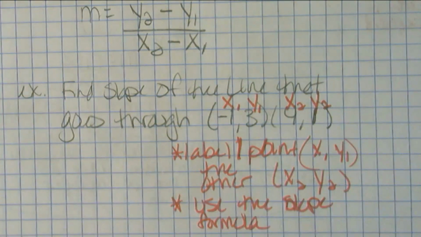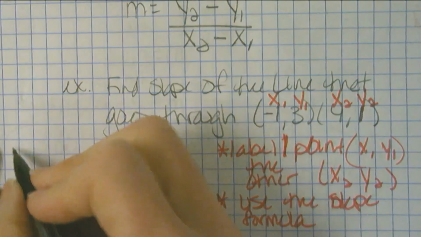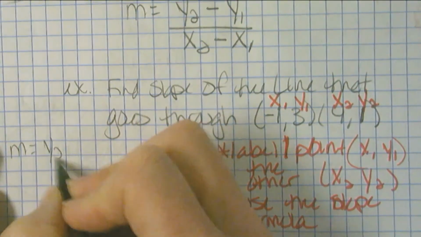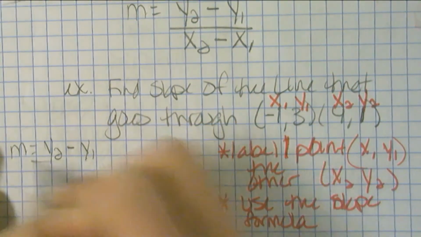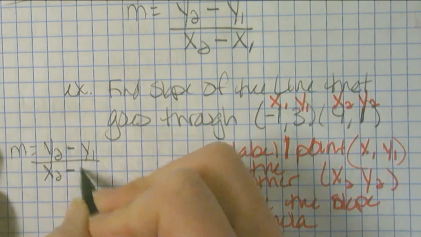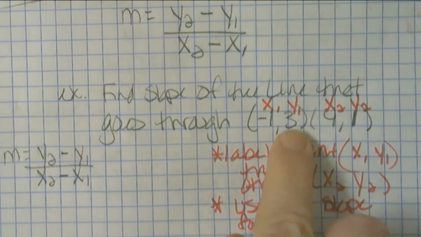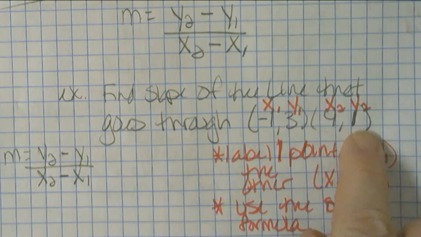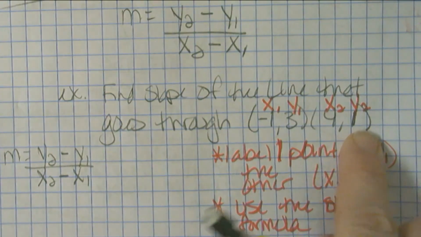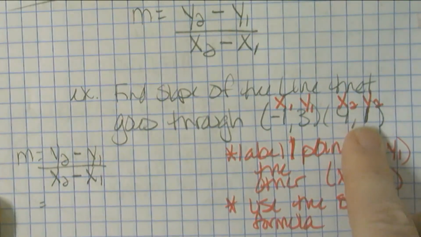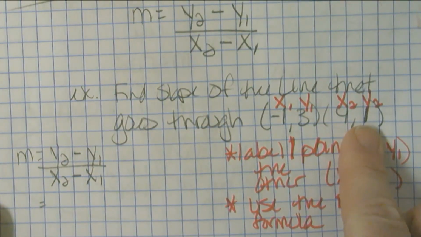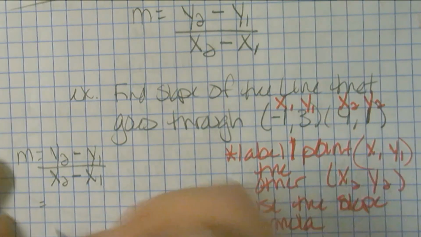All right, so let's just do that next to it. My slope equals y2 minus y1 over x2 minus x1. So I've labeled my 2 points x1, y1 and x2, y2. That helps guide me and make sure I'm doing the right subtraction. All right, what is my y2? Jacob? 1.